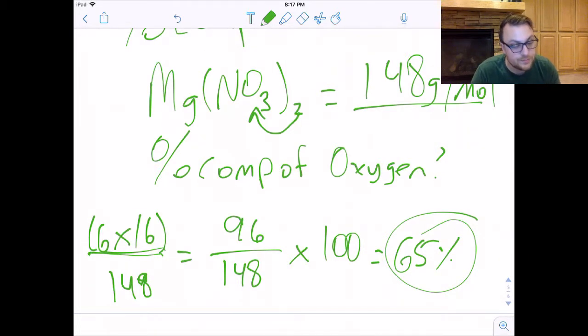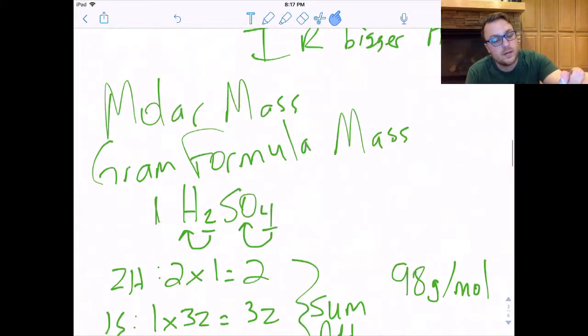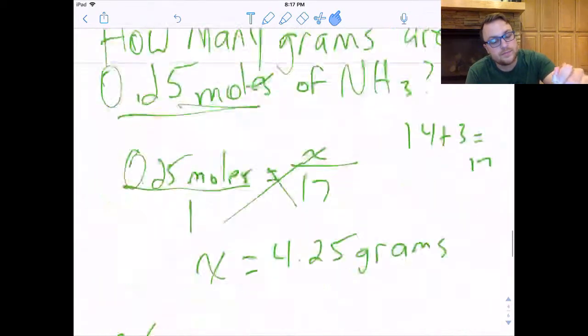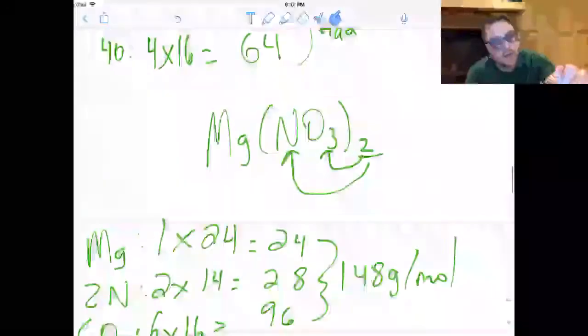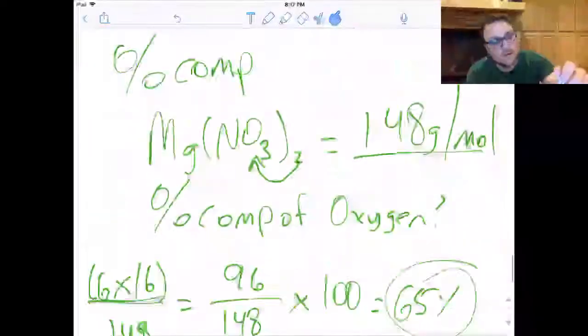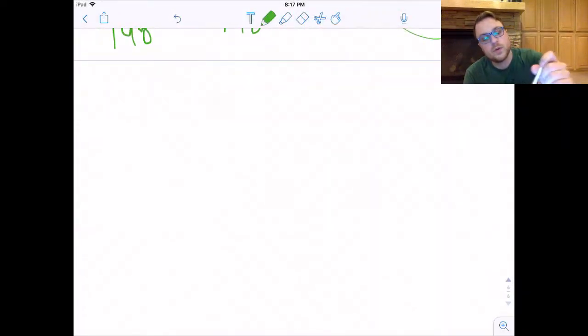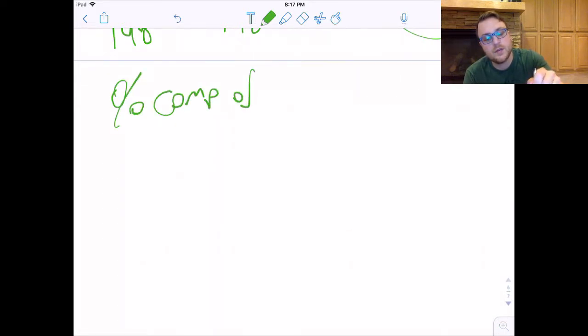What was the first one I did? H2SO4, which we said weighed 98? Yeah. So, what is the percent comp of hydrogen in H2SO4? There's 2 hydrogens times a weight of 1 divided by 98, because that's how much H2SO4 weighs.